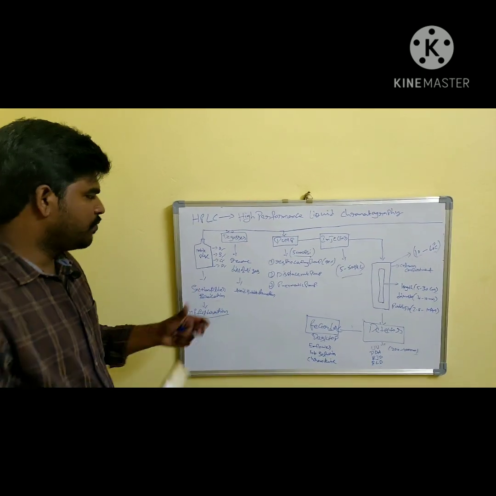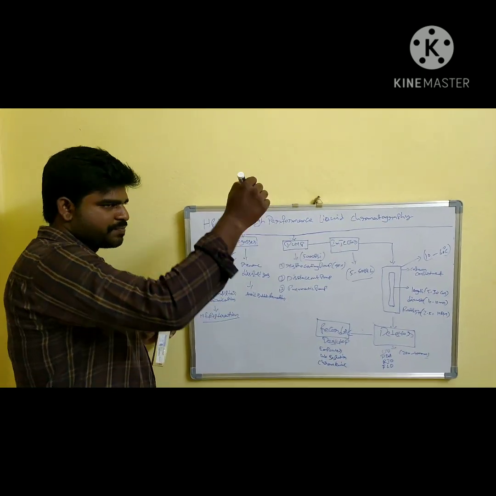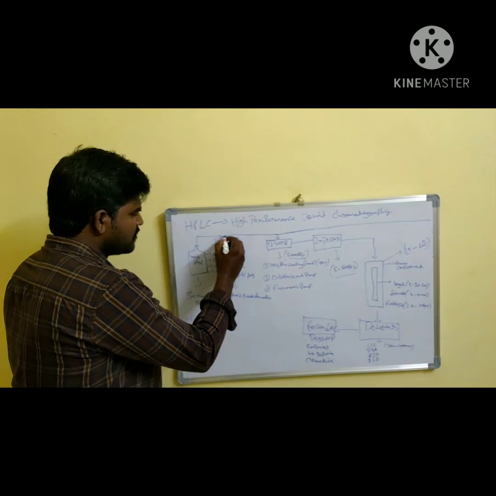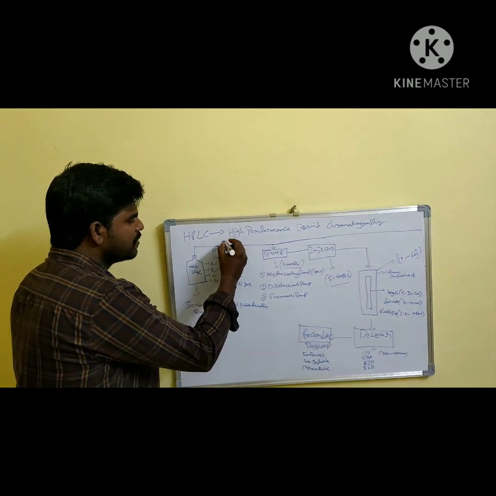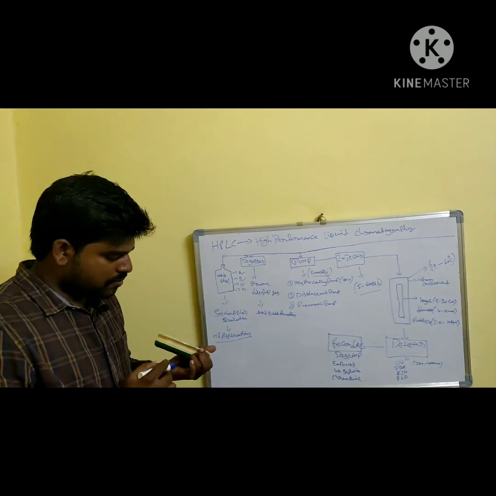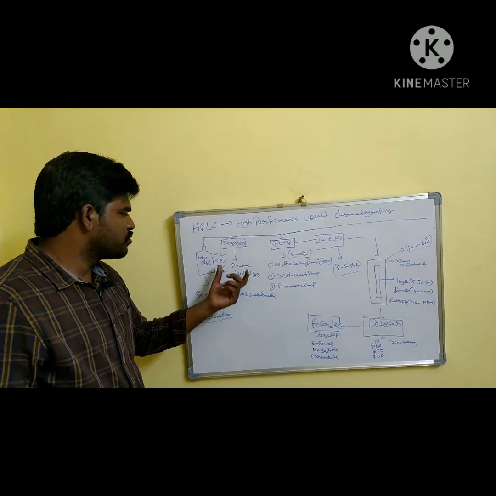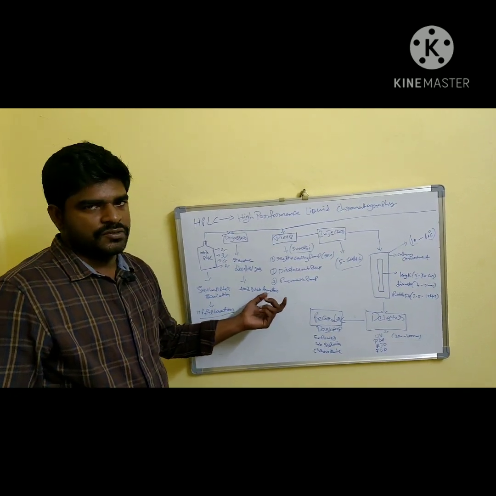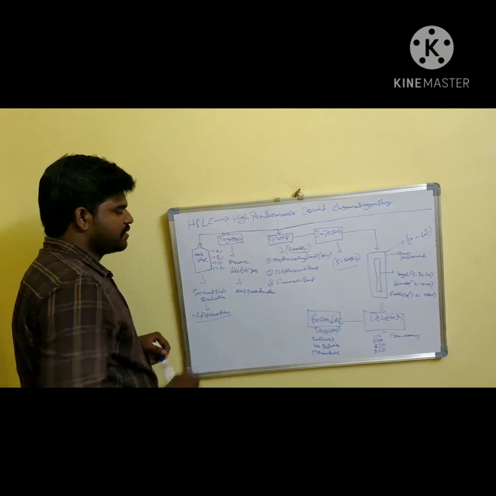We keep the respective bottles in the HPLC, and after that the solution passes through lines. There is a degasser inbuilt in HPLC. Why do they keep the degasser? Because the degasser is used to remove dissolved gases and avoid bubble formation. That's why the degasser is built into HPLC.